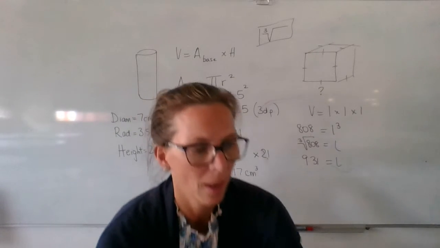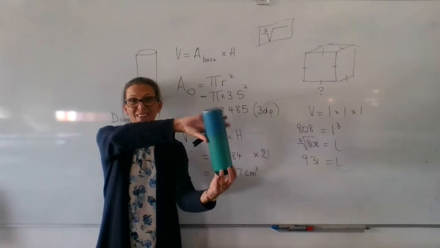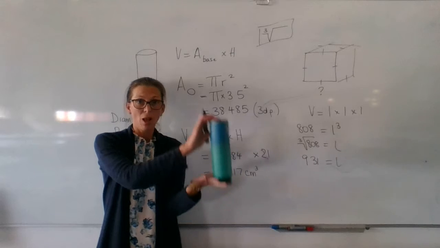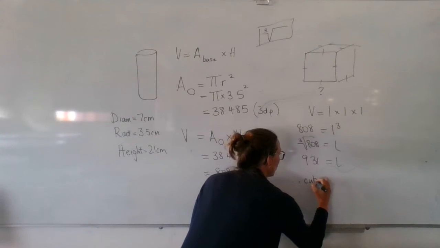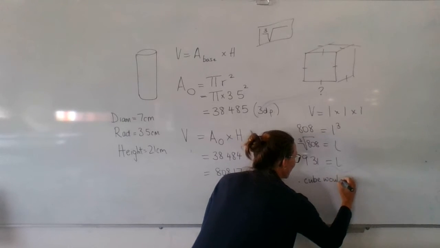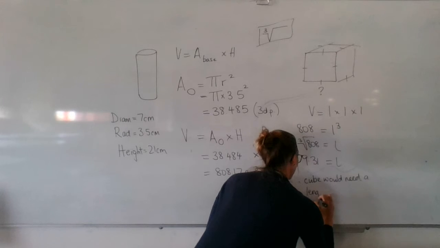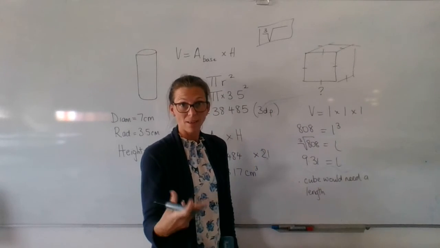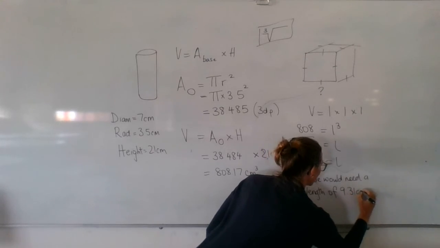So if I started with this and I wanted to pour it into a cube and completely fill a cube, the cube would need a length, width and height of 9.31 centimetres.